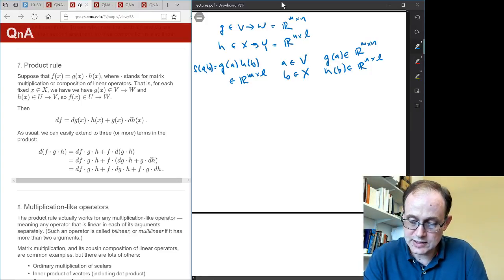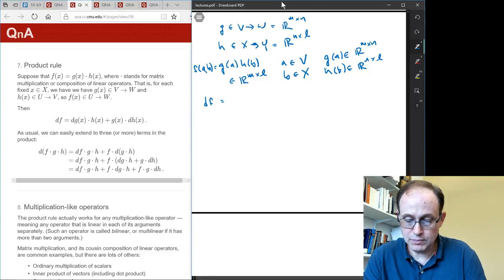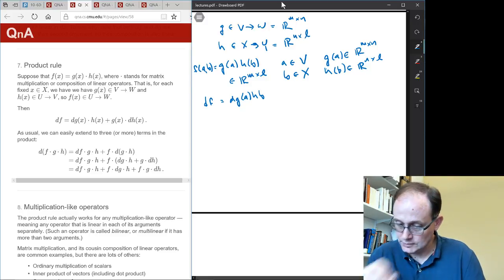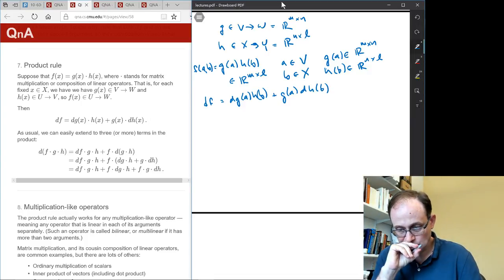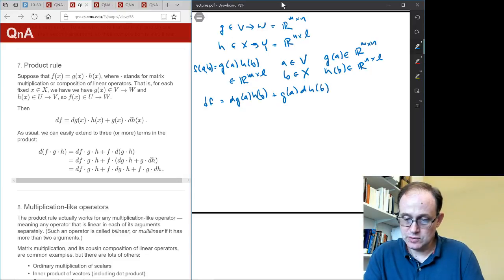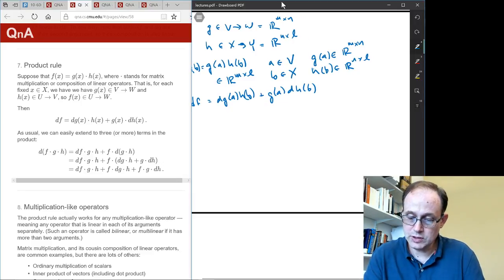And so we can say that df is equal to, by the product rule, dg of a times h of b plus g of a dh of b, right? So what do we want to do here?